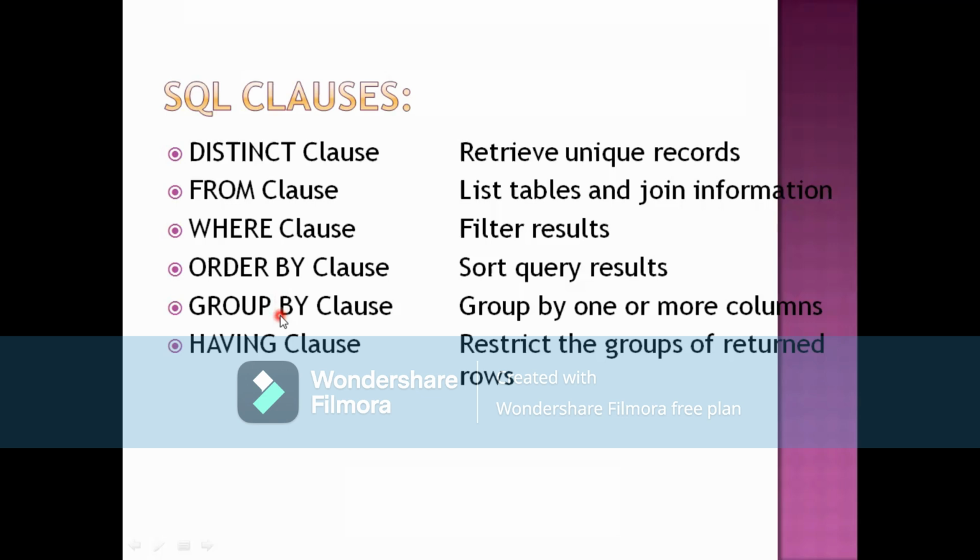Next one is the having clause. So what is the having clause? Here in this having clause, we restrict the groups of returned rows. Those rows can be restricted by using the groups. Restrict the groups of returned rows, that is the having clause.